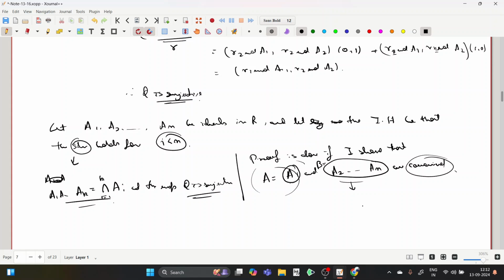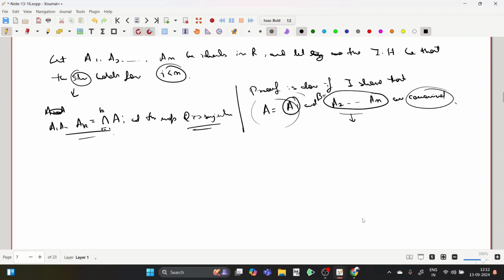But showing this is actually quite easy, because see, I already have this, that ai plus aj is equal to R for all i not equal to j, i and j ranging within the provided index. There is nothing too complicated there.